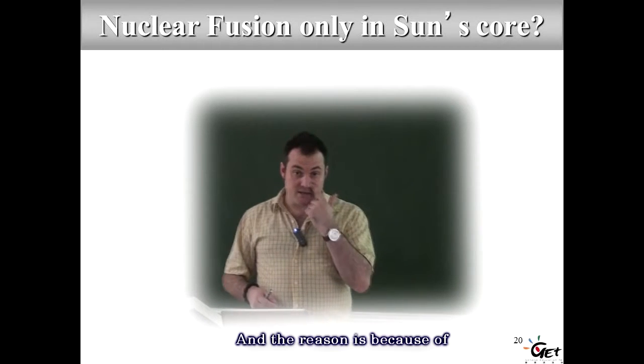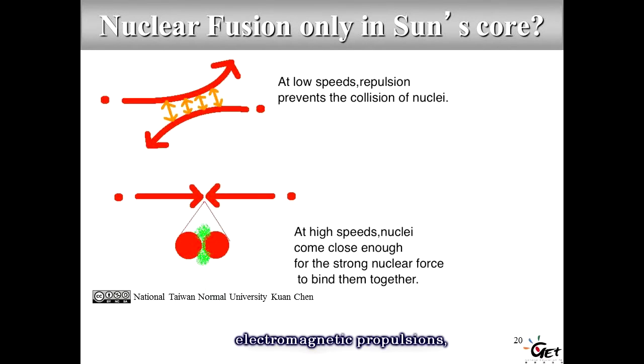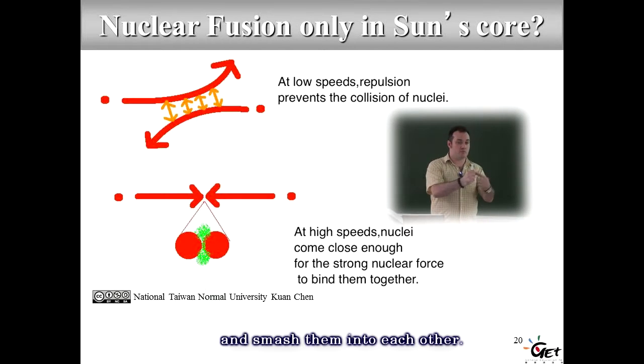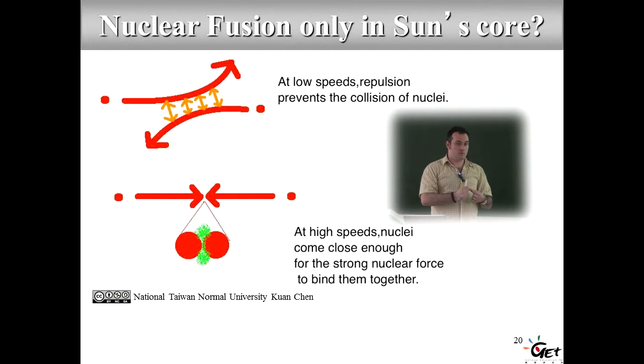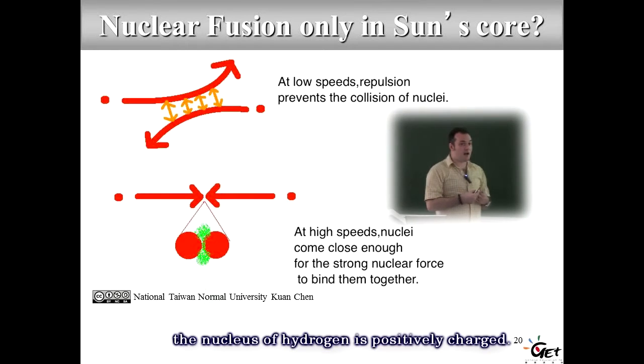And the reason is because of electromagnetic repulsions, or Coulomb repulsions. What you're trying to do here is to take 2 hydrogen and smash them into each other. The problem is the nuclei are both positively charged.